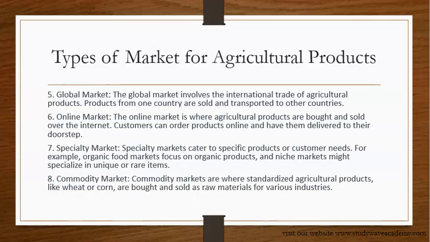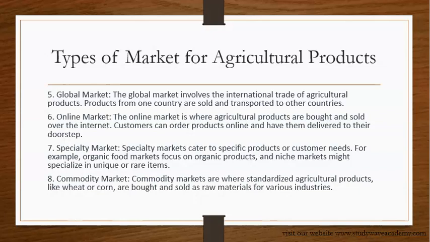Products from one country are sold and transported to other countries. So the global market involves the international trade of agricultural products, sold from one country to another.